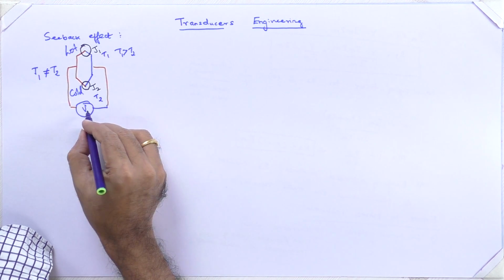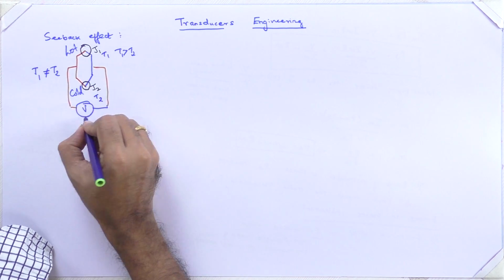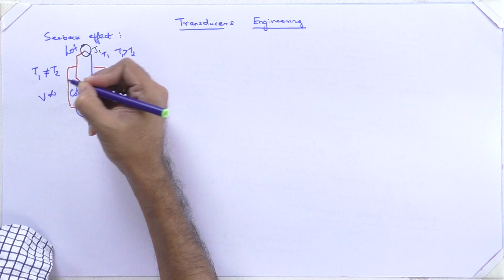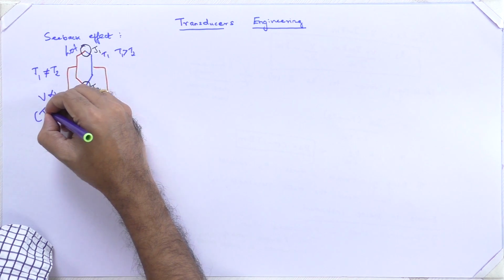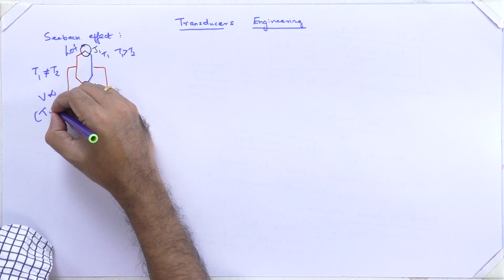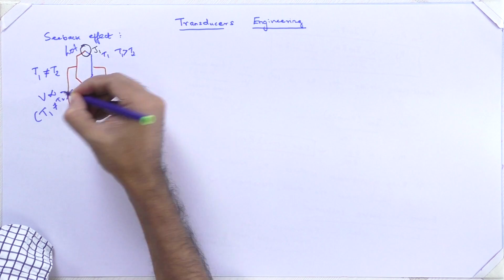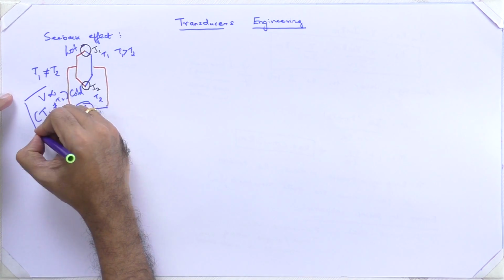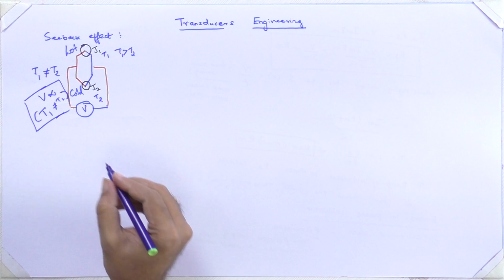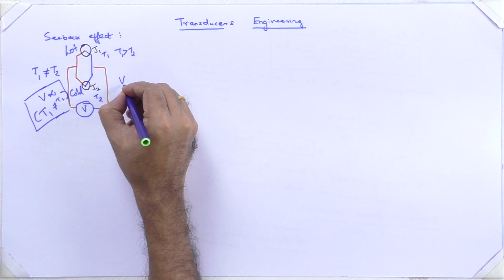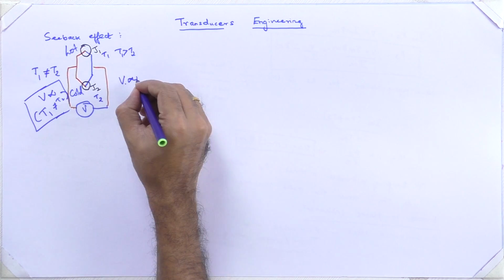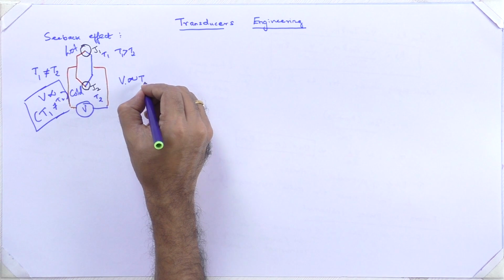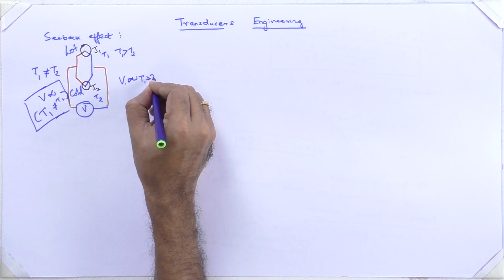We take this EMF, which is the voltage, and it is proportional to the gradient of T1, which is not equal to T2. This voltage generated is proportional to this temperature gradient.